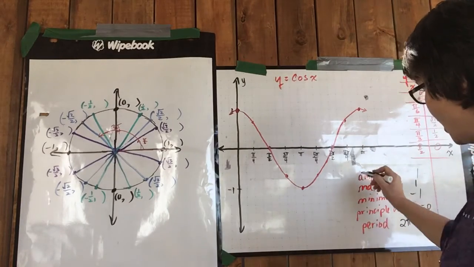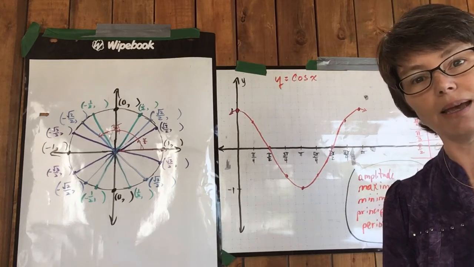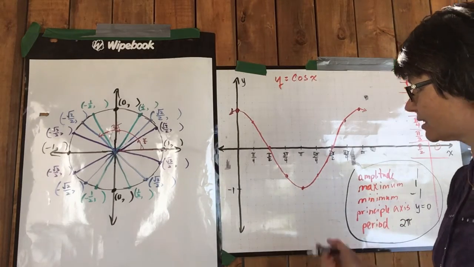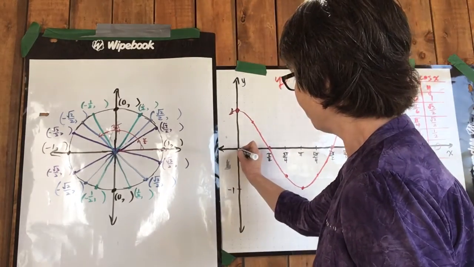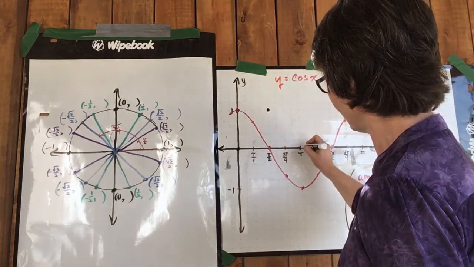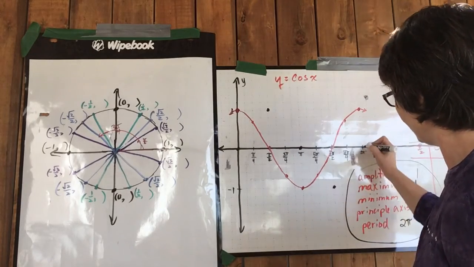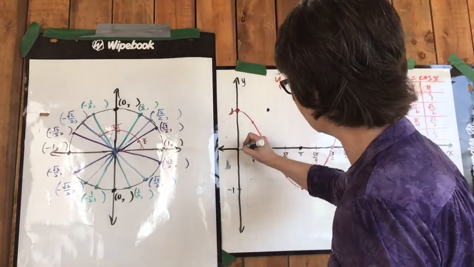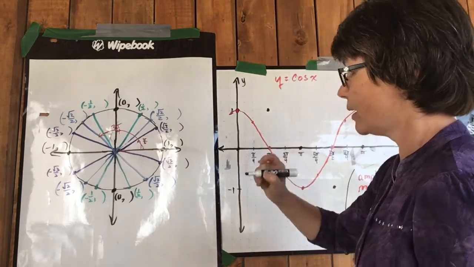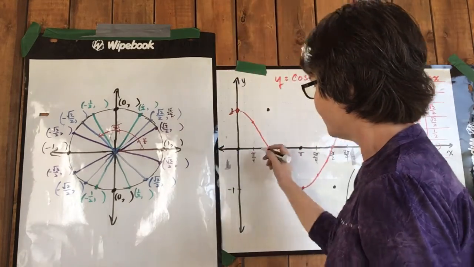All right. Now you'll notice all of these things are exactly the same as y equals sine x, but y equals sine x looked like this. Now, where did it cross? Notice that root 2 over 2 and root 2 over 2 at pi over 4.